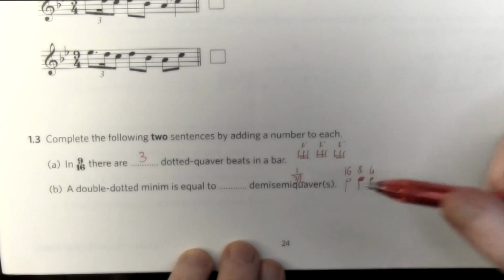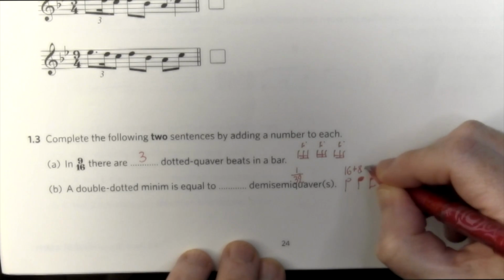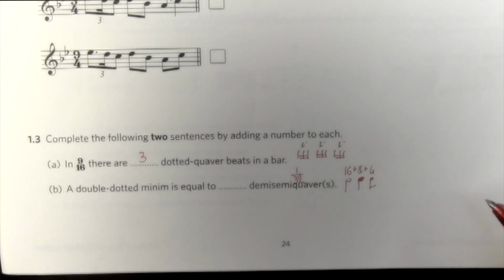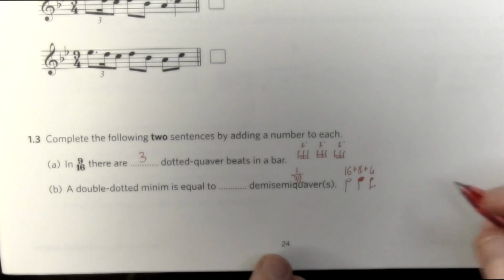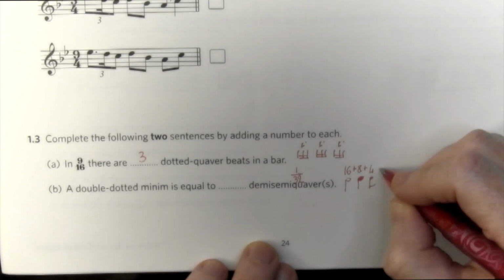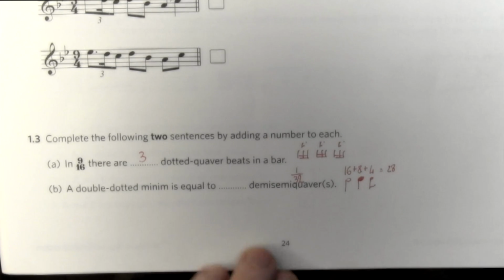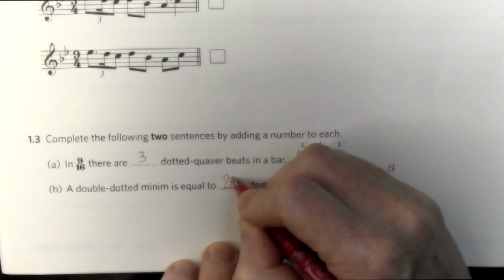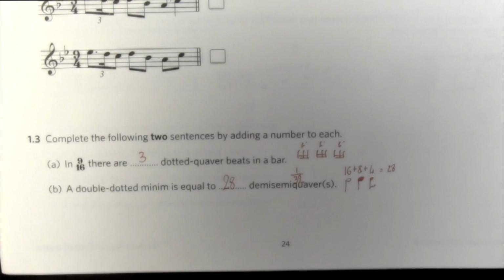Now if you do a lovely addition, what do we find? 28. So 28. Sorted.